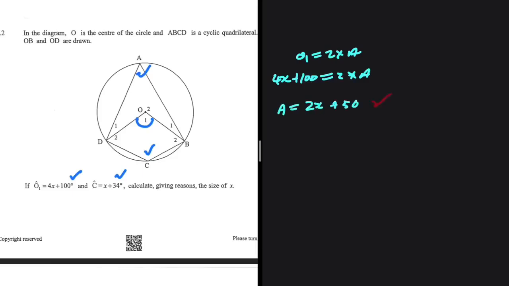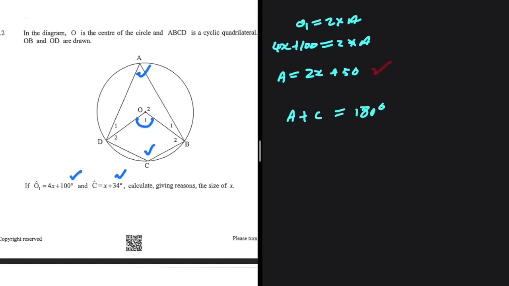So what am I proposing? I'm proposing that A plus C should give me 180 degrees, because the opposite angles of a cyclic quad are supplementary. So in place of A, I have 2x plus 50, and in place of C, I have x plus 34, equal to 180 degrees. So 2x plus x, that is 3x.